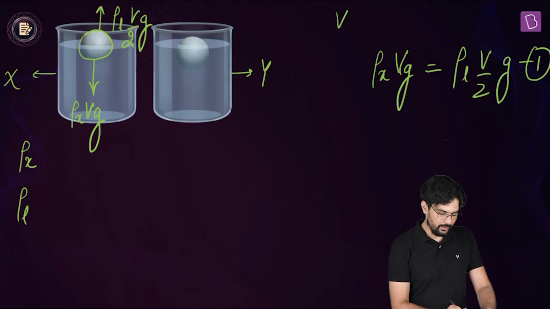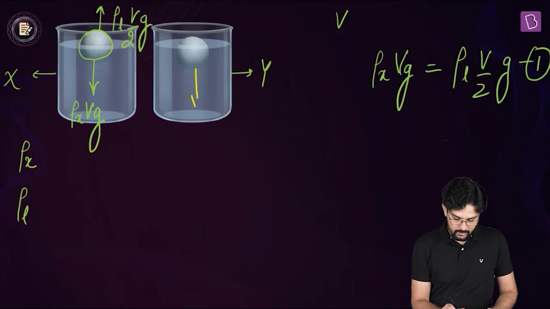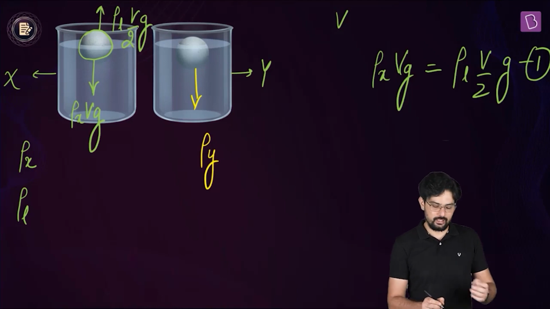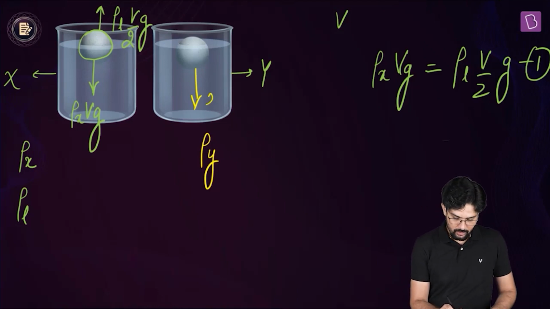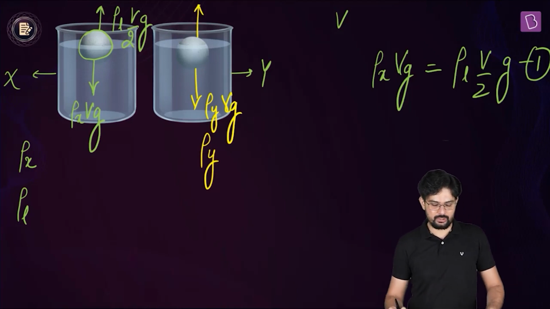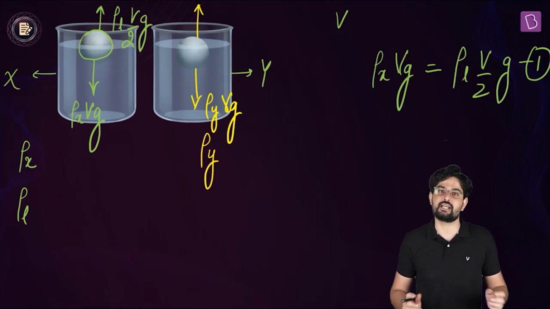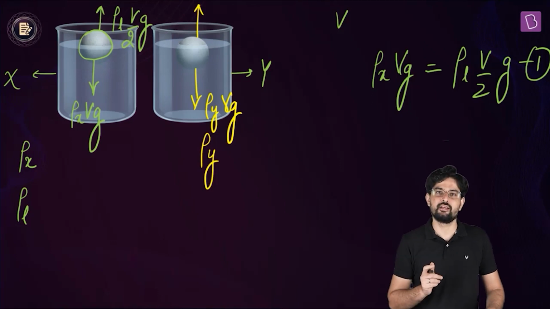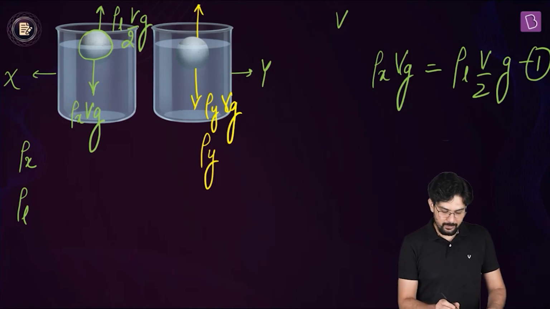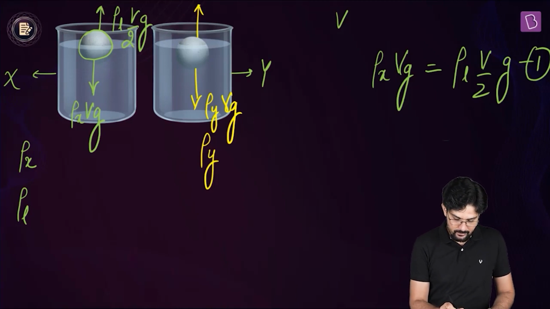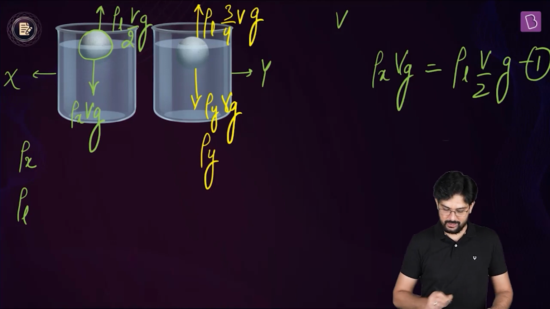And now let's focus on Y. So assuming that the density of the object Y is rho Y, the weight of this object is going to be rho Y V into g, right? And this will be balanced by the buoyant force acting on it. So you can see that 75% of the volume is immersed inside the liquid for the object Y. So the weight of the liquid displaced is going to be 3 by 4 V into rho of liquid into g.